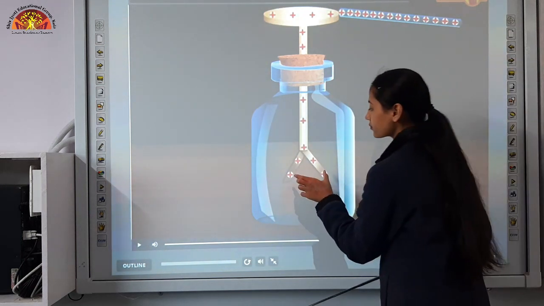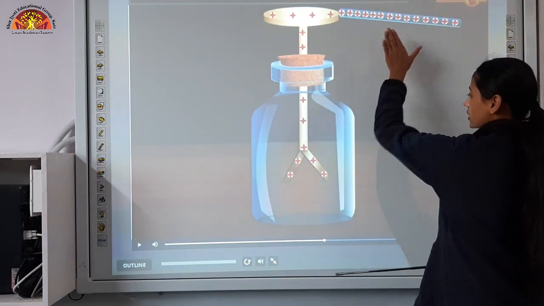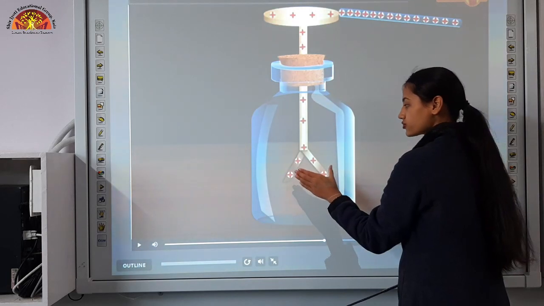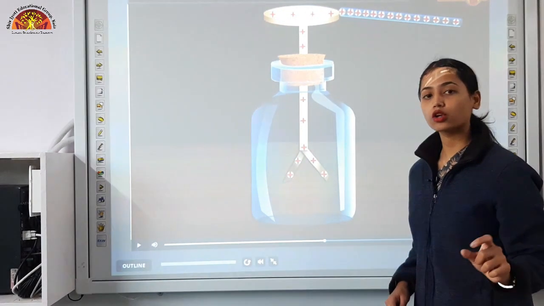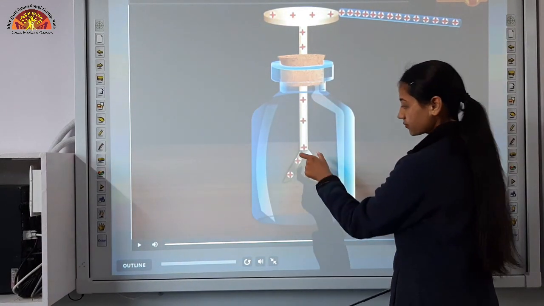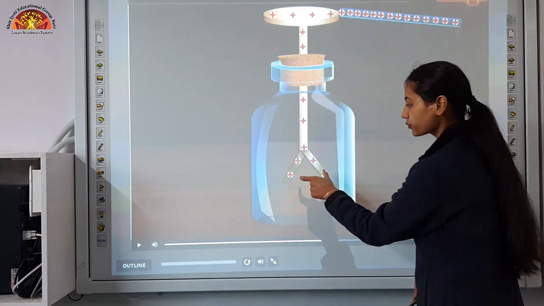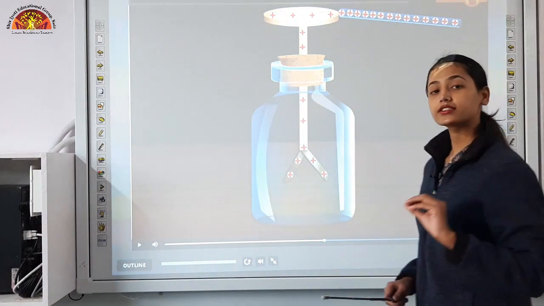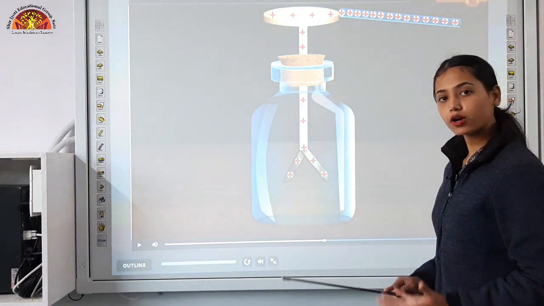These leaves will carry a similar type of charge. If this body is positively charged, then these leaves will also get a positive charge, and we have discussed that like charges always repel each other. So we can see that these two gold leaves separate out. There is separation between these two leaves. So by this activity it is confirmed that this glass rod is a charged body.